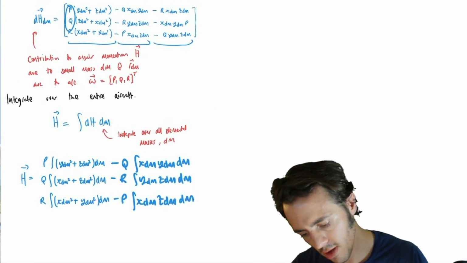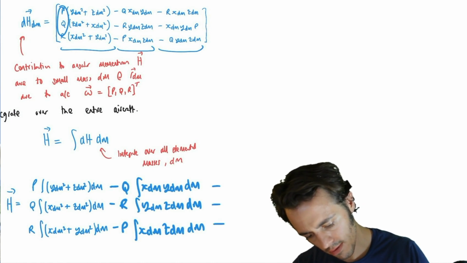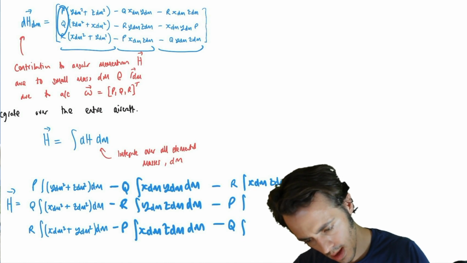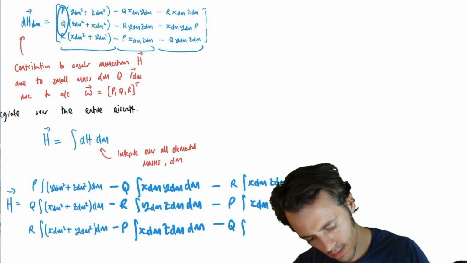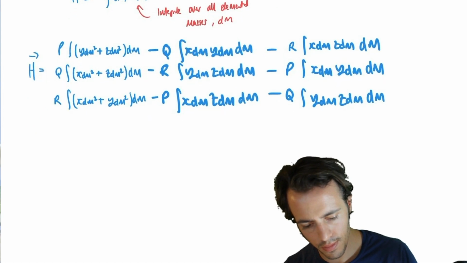My handwriting's just about okay here, I think. So minus, minus, minus. I've got R, P, and Q. Integral, integral, integral. X dm z dm dm. X dm y dm dm, and then y dm z dm dm.